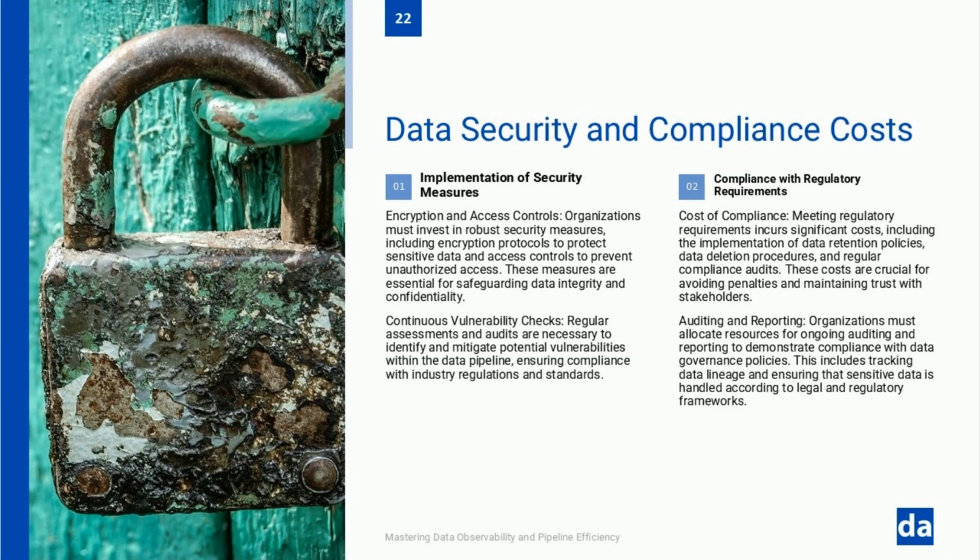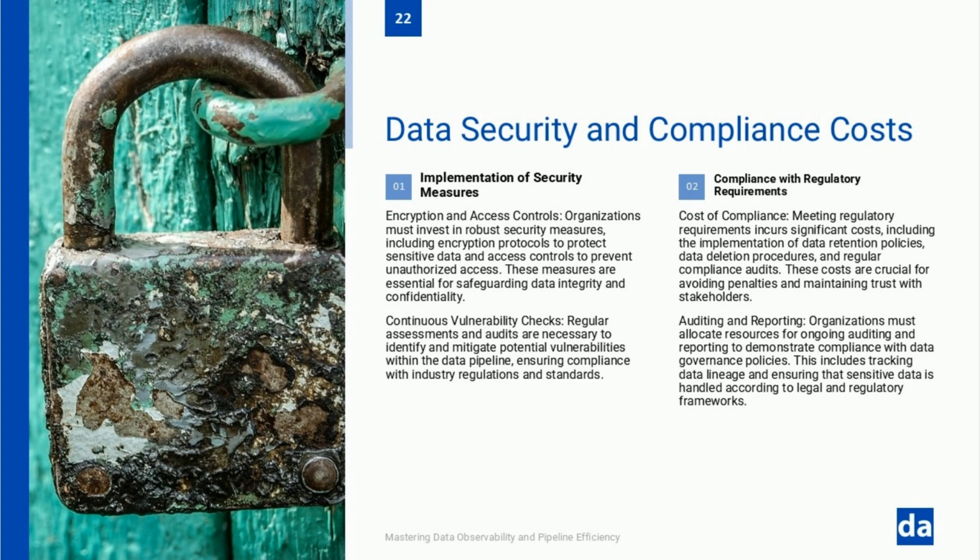Let's shift our focus to a critical yet often overlooked aspect of data pipelines, security and compliance costs. Ensuring data safety is no longer optional, it's a necessity. 1. Implementation of security measures. Security measures form the first line of defense in protecting sensitive data.